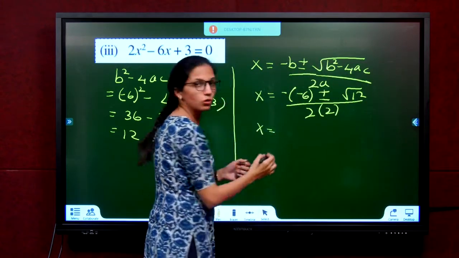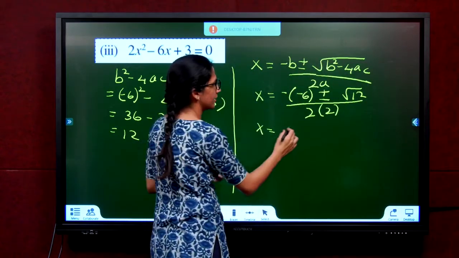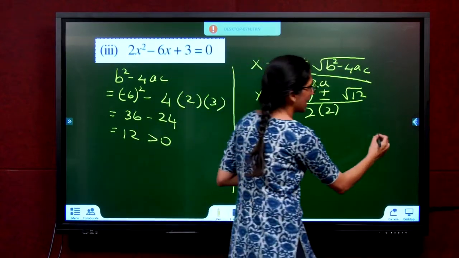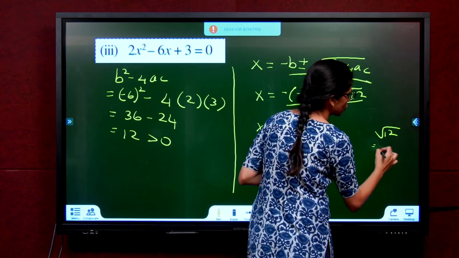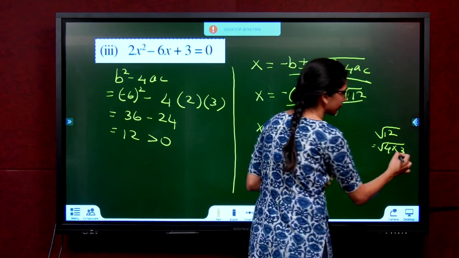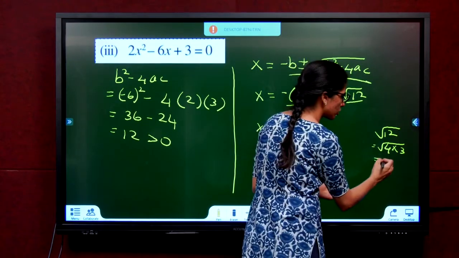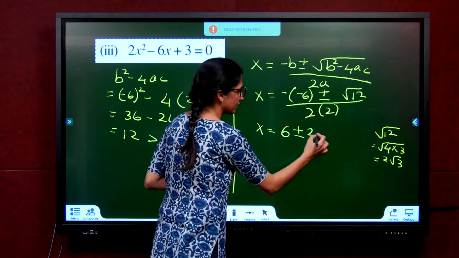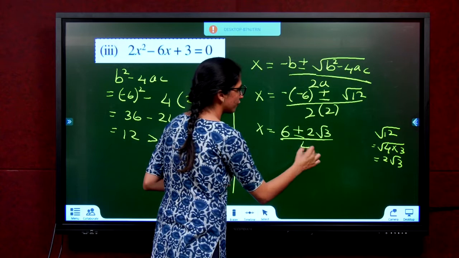I can write √12 as √(4 into 3). √4 is 2. This is √3. So you get 6 plus or minus 2√3 by 4.